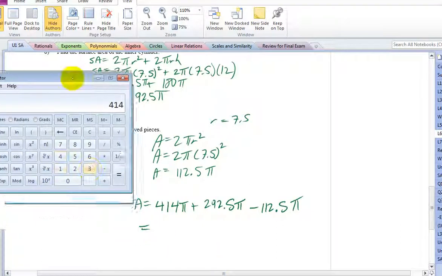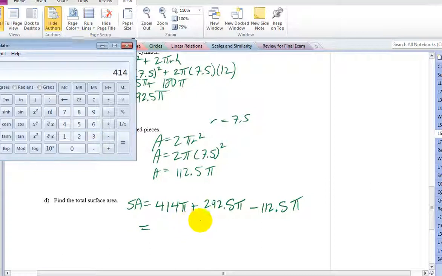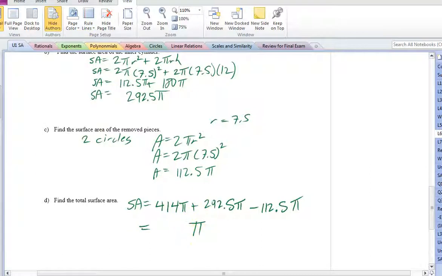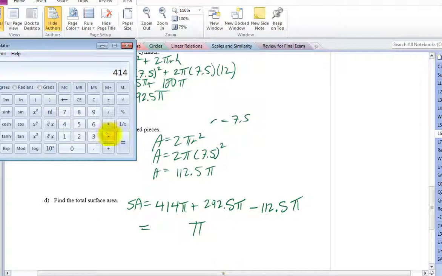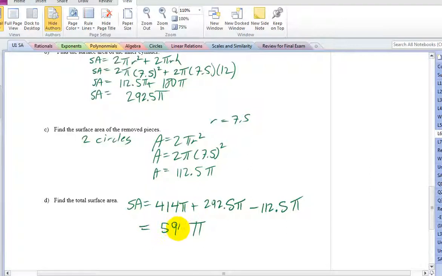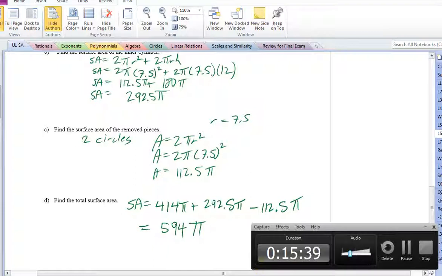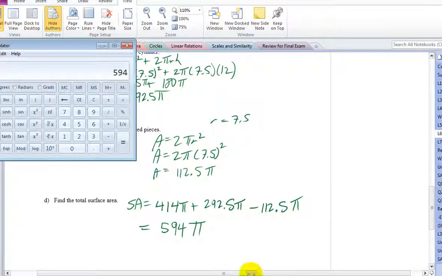Because they all have pi, we can leave it in terms of pi as our final answer. So really we're just adding and subtracting the numbers in front to tell us how many pi's there are. Oops. 594 pi.